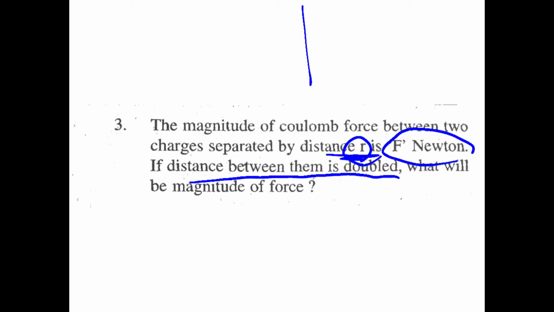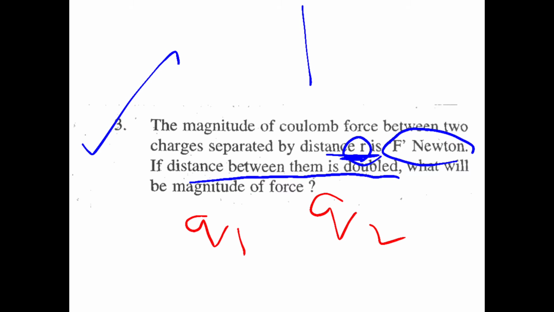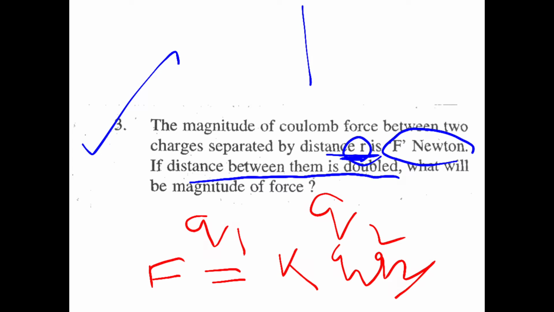Listen to it carefully. This is a very important question for you. How can I solve this? Let the magnitude of the charges be Q1 and Q2. Then F is equal to K Q1 Q2 by R square.